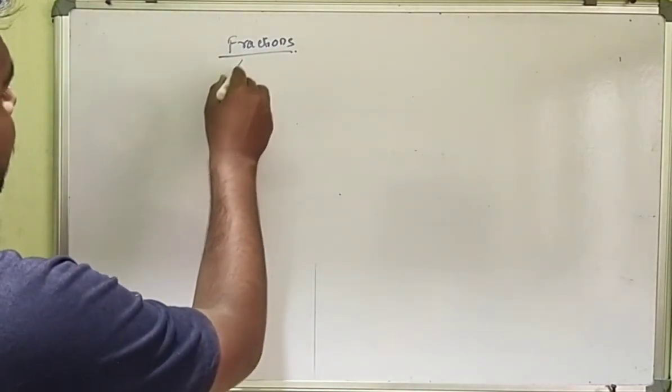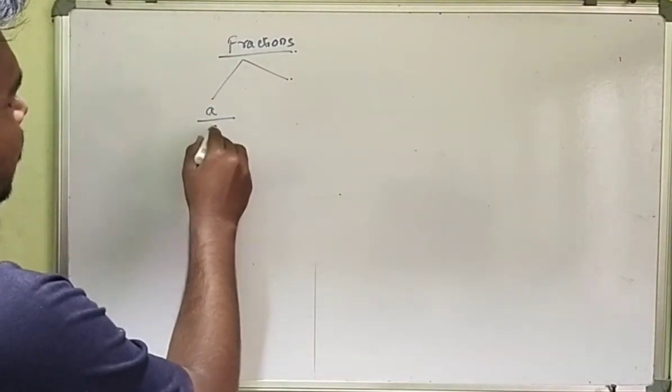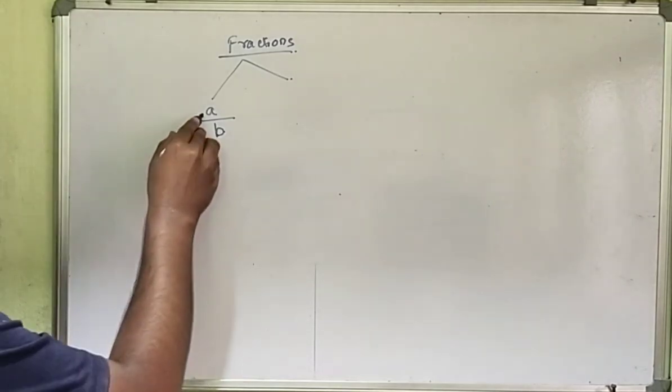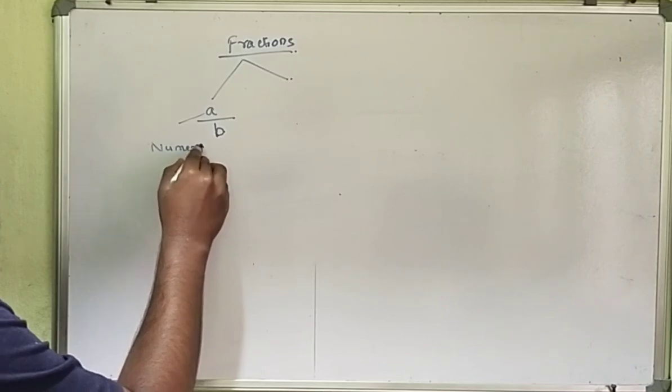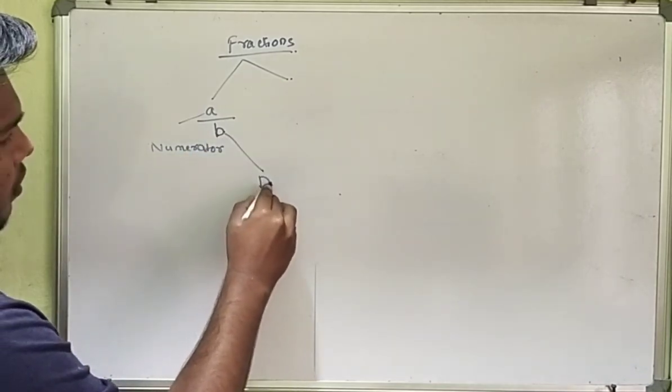The numbers expressed in the form of a by b, where a is the numerator and b is the denominator.